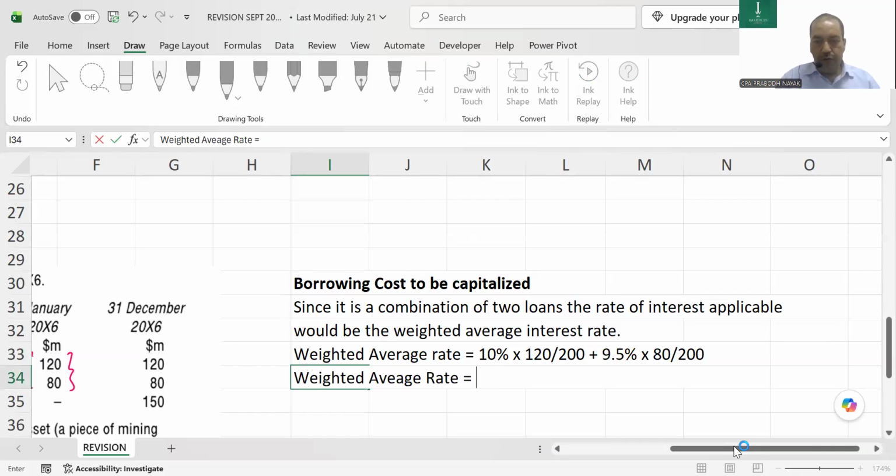So the first is 12 divided by 200, that is 0.06, and 9.5% multiplied by 80 divided by 200 is 0.038.